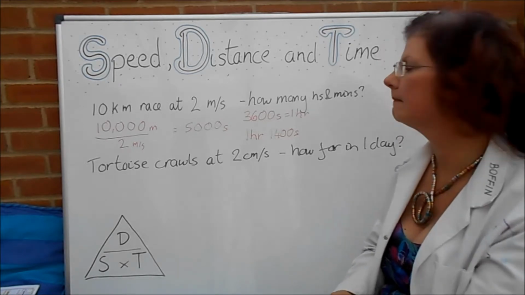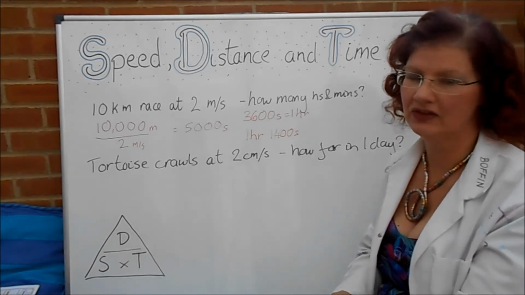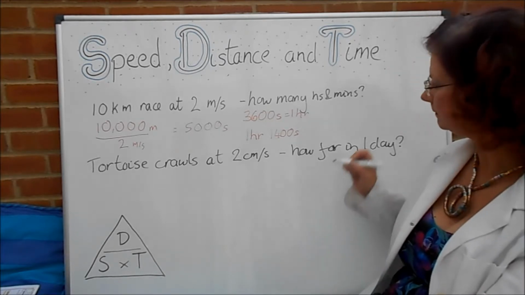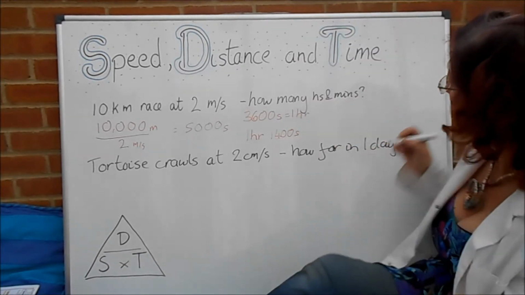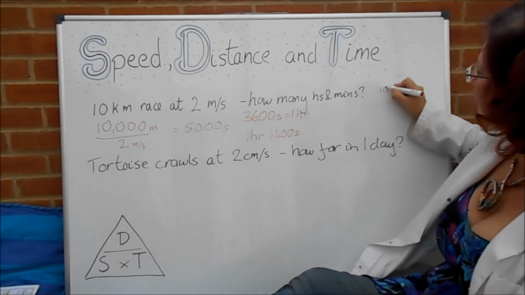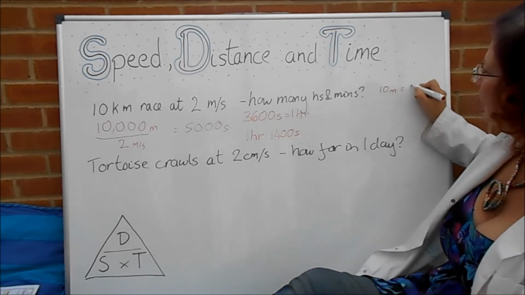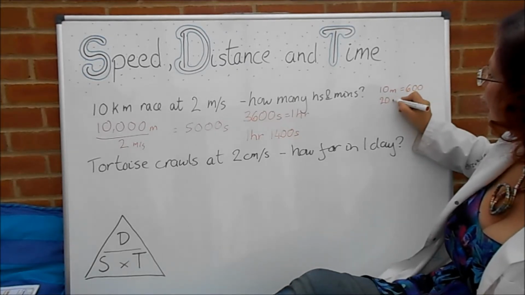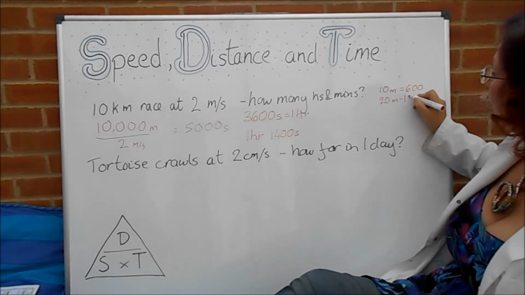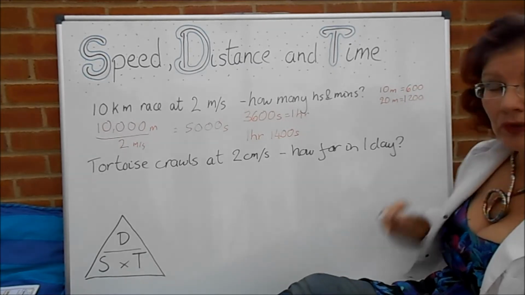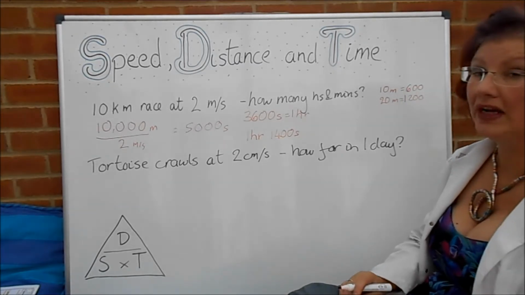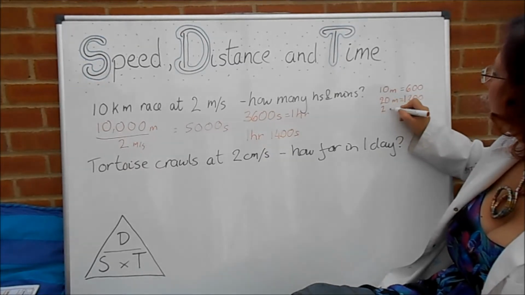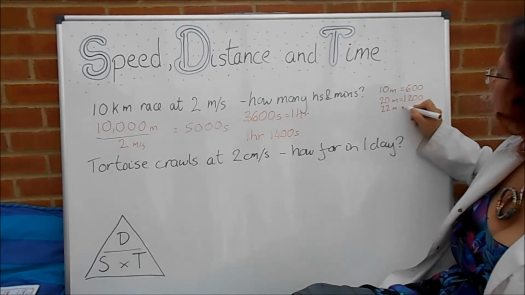1,400 seconds. Right, how many minutes can we get out of that there? Okay, well, let's have a think. I'm just going to do the working over here. 10 minutes is 600 seconds. 20 minutes is 1,200 seconds. We're getting quite close there, aren't we? What about 22 minutes?